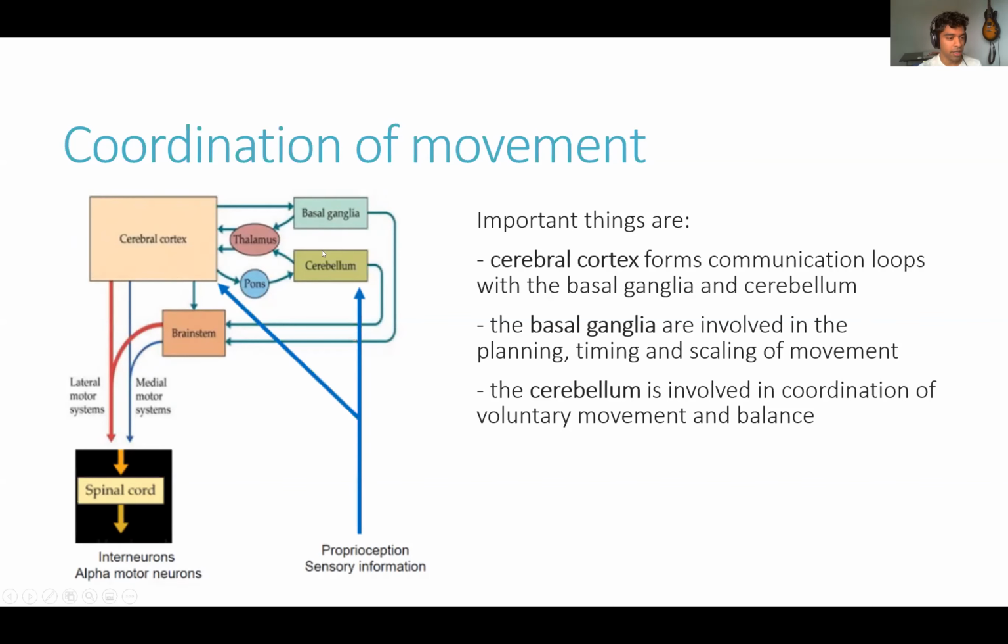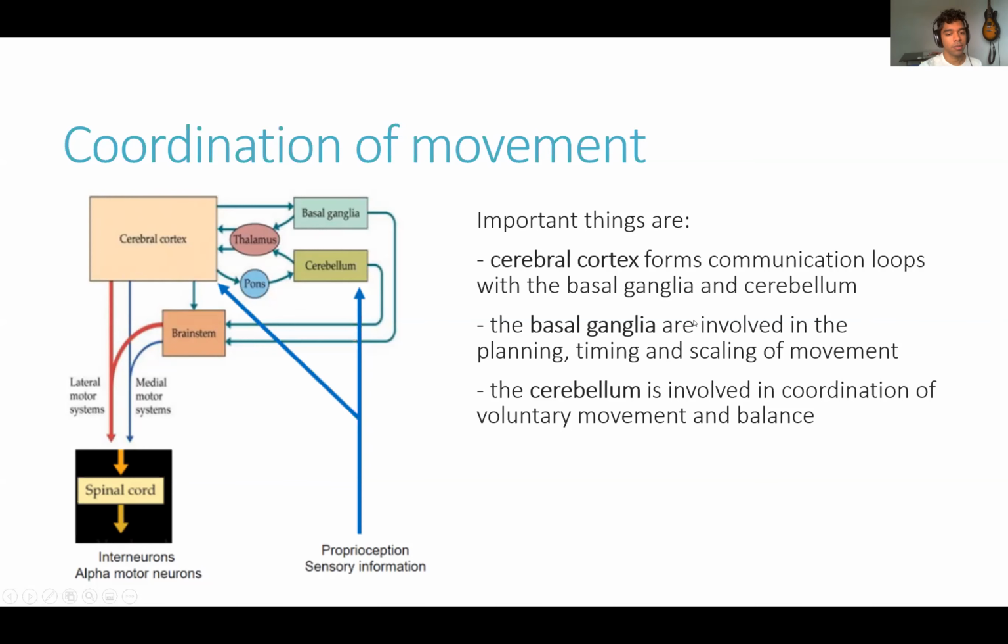And then the basal ganglia and the cerebellum say, okay, I'll modify it a little bit to make it work better, a bit more coordinated. Then they send that message back, and the cerebral cortex is like, all right, sounds cool. And then it sends that to the spinal cord. So the basal ganglia and the cerebellum provide advice to the cerebral cortex. They modify signals to make your movements better.